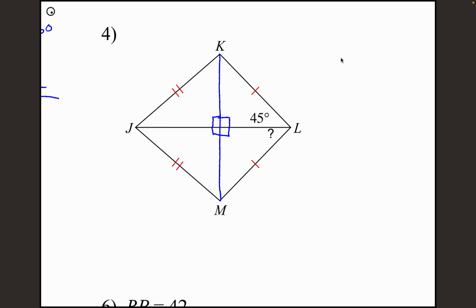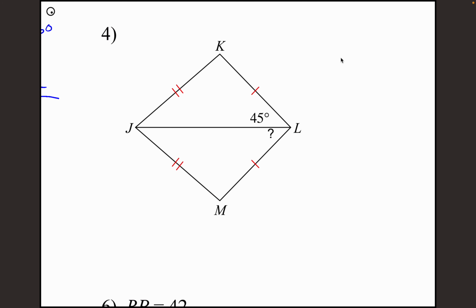Now, one of these lines is going to be an angle bisector. One of them is not. The one that is an angle bisector is the line that splits the angles that are not congruent. So if I were to get rid of this line here, it's going to be this line, because J and L are not congruent to each other, but this line is going to split that in half.